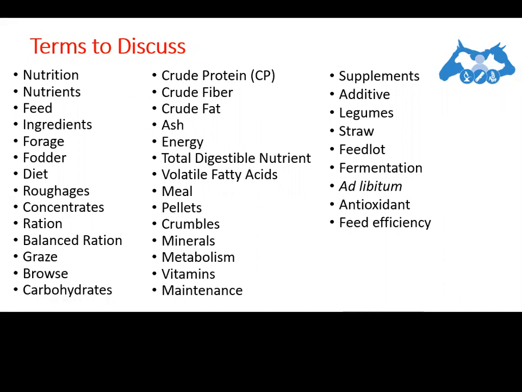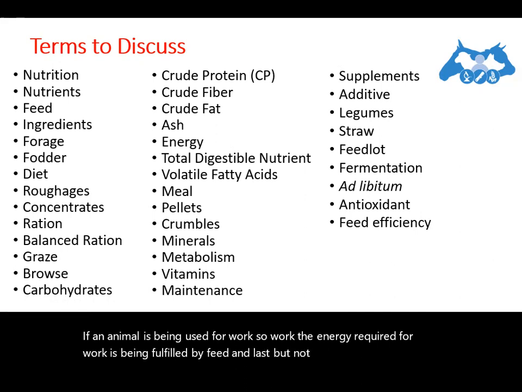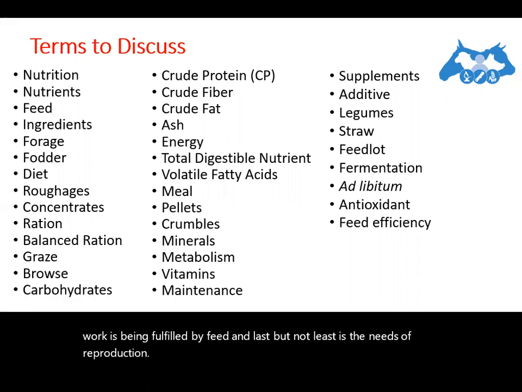Animals are fed with feed, and it has four functions: for the maintenance of the animal body, for growth of the body, for work, since the energy required for work is fulfilled by feed, and last but not least, the needs of reproduction are fulfilled for the animal.